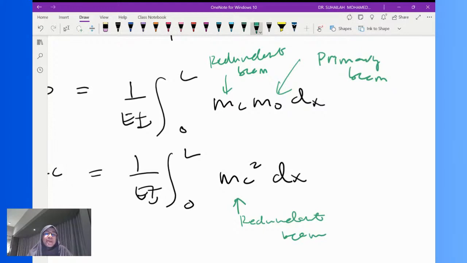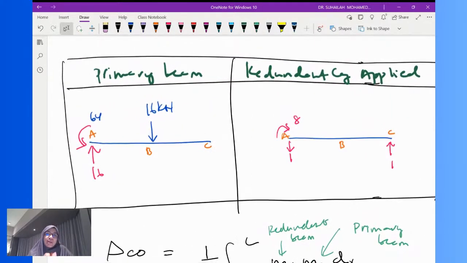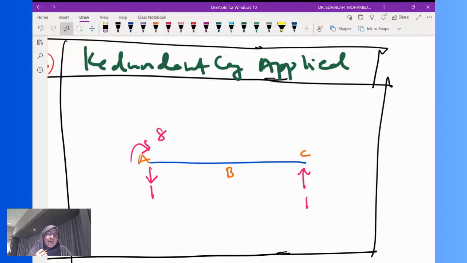So from this formula, we know that there are two moment equations, which we get from the primary beam and the redundant beam. So for the primary beam, we label the moment equation as M naught, and we label the moment equation for the redundant beam as MC.